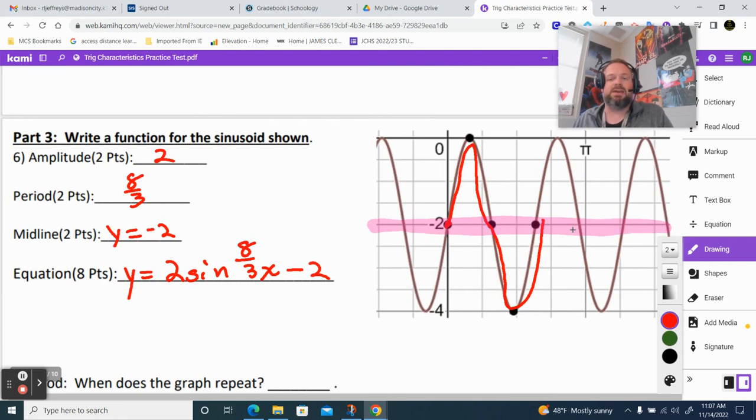I didn't have it zoomed in enough, so for this one, I said it was 3 pi over 4. 1, 2, 3, 4 parts. This would be 1 over 4, correct? This would be 2 over 4, which is 1/2.